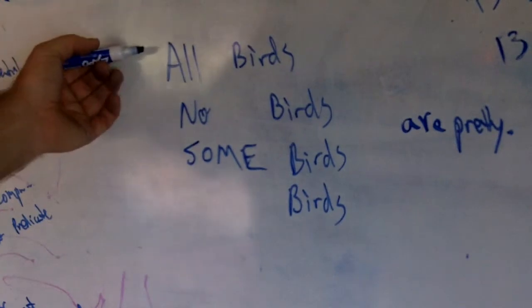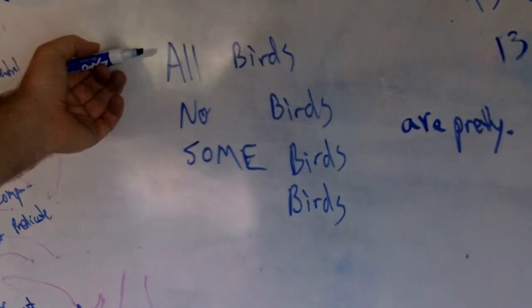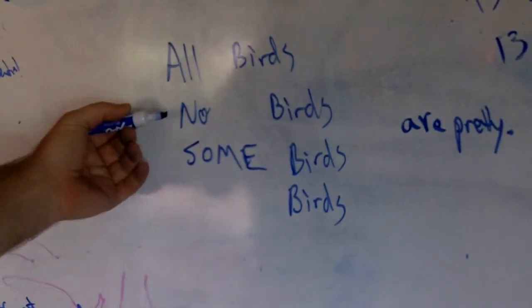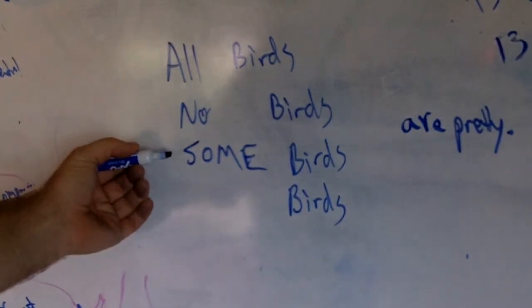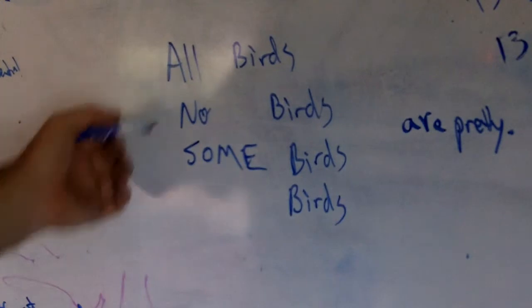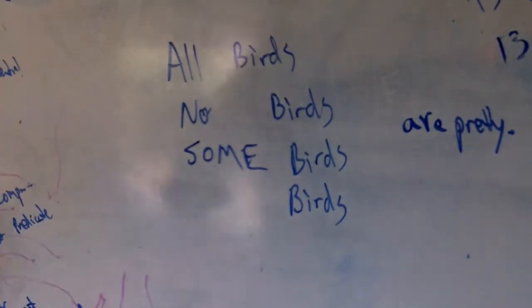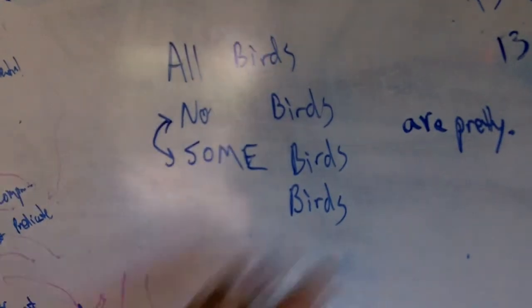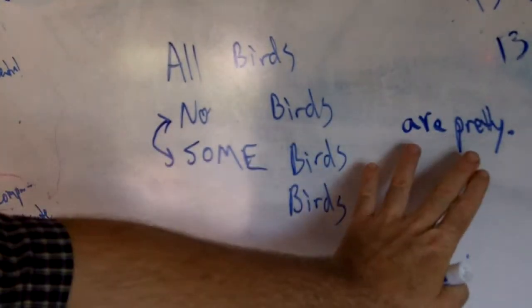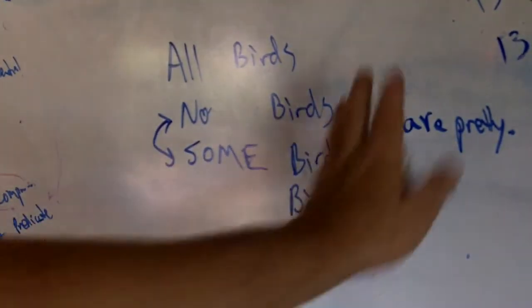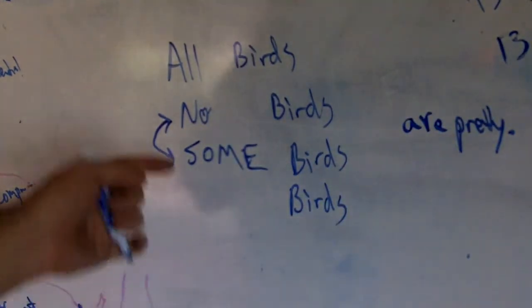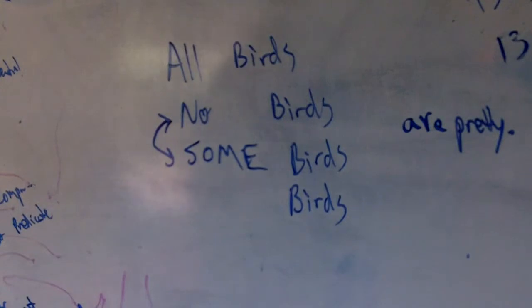Because if it's false that all birds are pretty, it's still not necessarily true that no birds are pretty. But if it's false that some birds are pretty, then it's necessarily true that no birds are pretty. So these two, none and some, with completely the same predicate, denied or asserted, form the contradictory.